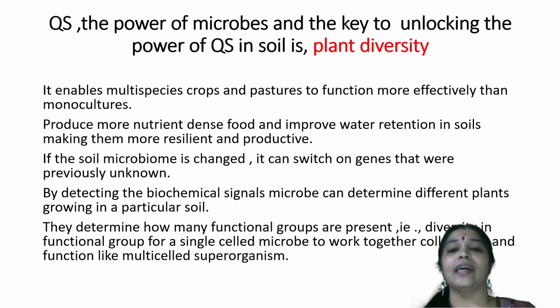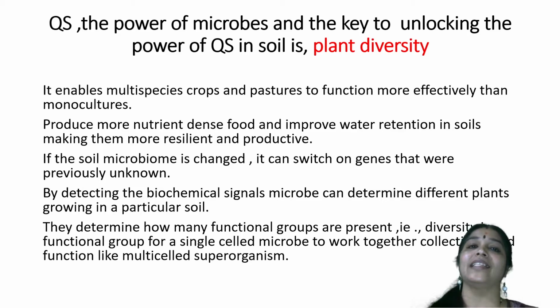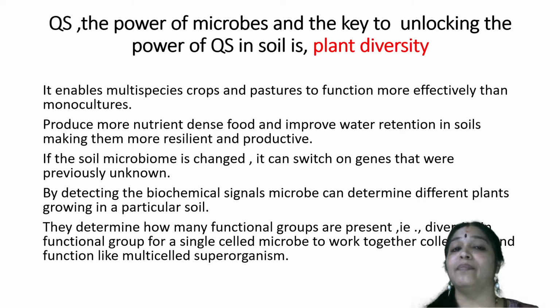Now, when we consider plant diversity, I will put it this way. If it is a monoculture, what happens? The quorum sensing will be very weak. But if there is plant diversity, the microbial diversity in the soil also increases.